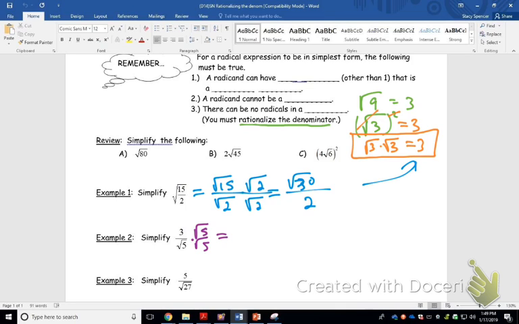So in the numerator we have 3 times the square root of 5, over the square root of 5 times the square root of 5, which is 5.